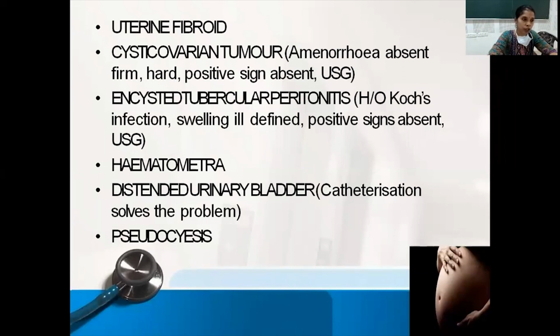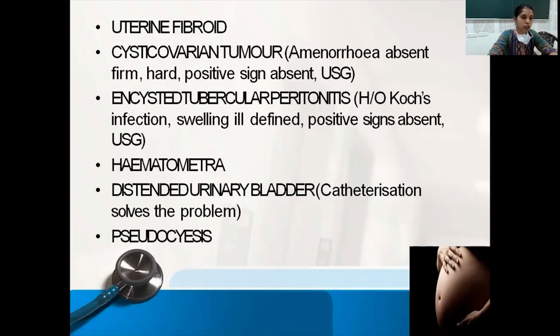The differentiating thing between uterine fibroid and pregnancy is the urine pregnancy test, that is the HCG test. If it is positive, we can come to the conclusion of pregnancy, and we can do the ultrasound, by which we can rule out uterine fibroids. In uterine fibroids, the pregnancy test is not positive, there is no HCG, and there are no fetal parts on ultrasound.